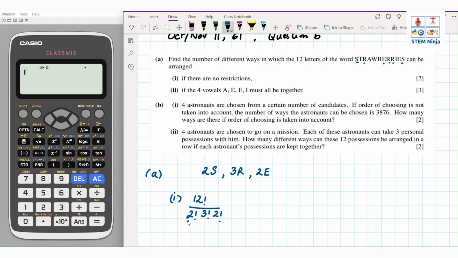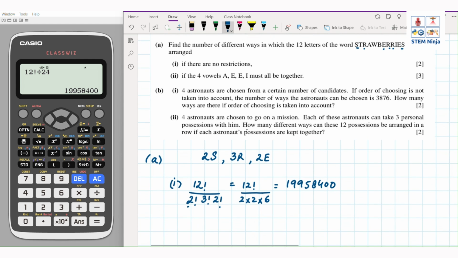So 2 factorial is just 2, and 3 factorial is 6. So 2 times 2 times 6 is 24. So 12 factorial divided by 24. So this is the value: 1995840.